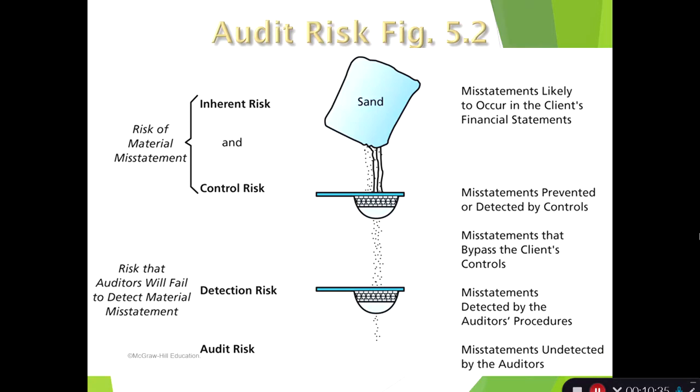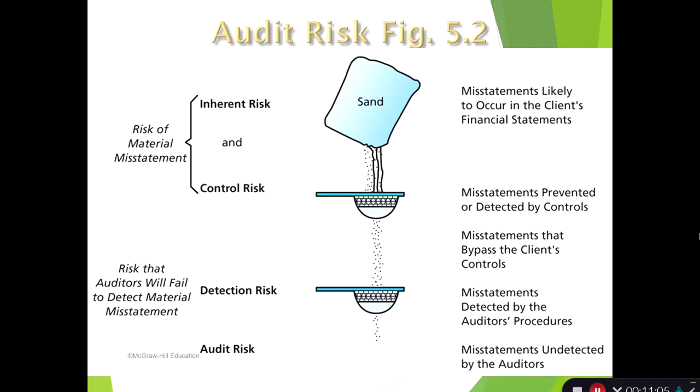There's different ways to kind of think about this. One way is this graphic, which uses sand as an analogy, right? That's the inherent risk. And then you have these colanders or sifters or filters or whatever. And so can the internal controls of the firm catch the problem before it makes it to the auditors? And those two together are kind of the risk that there's a material misstatement prior to the auditors doing any work.